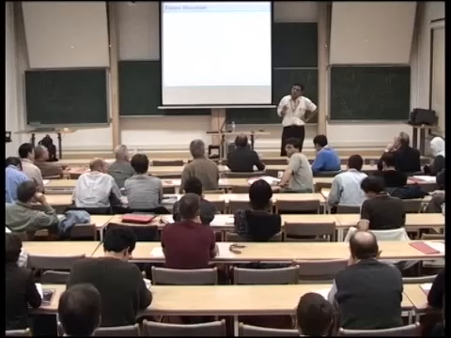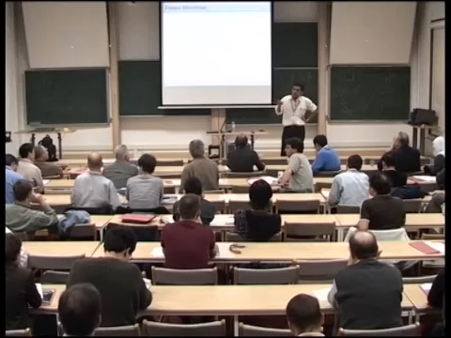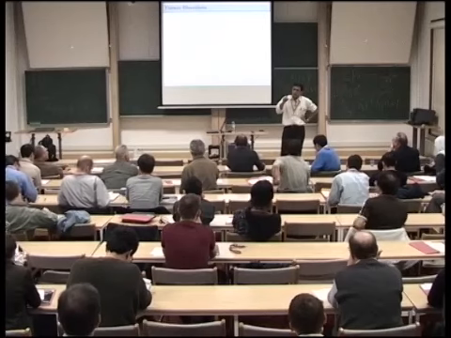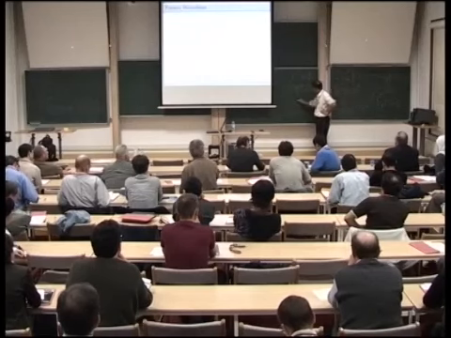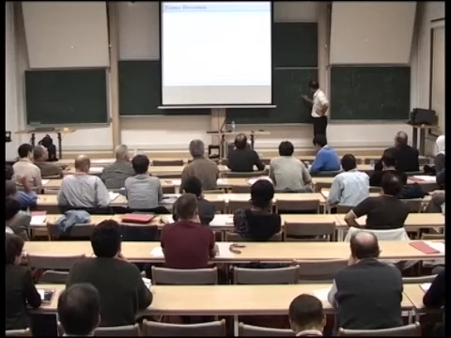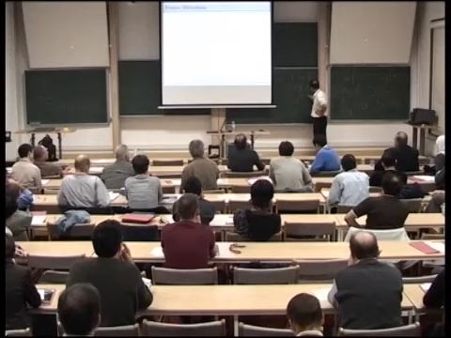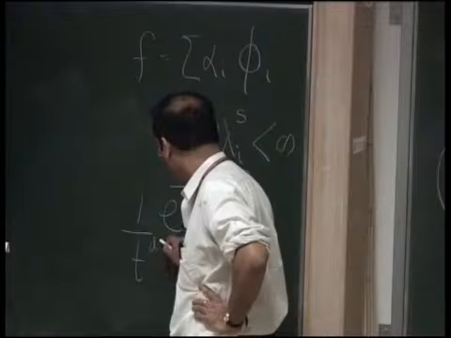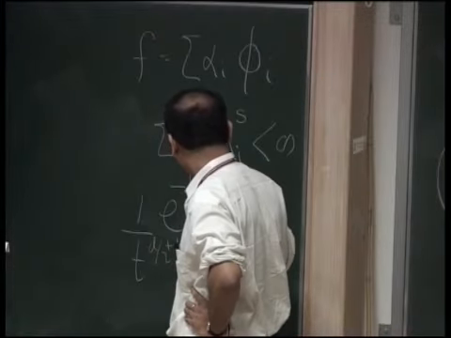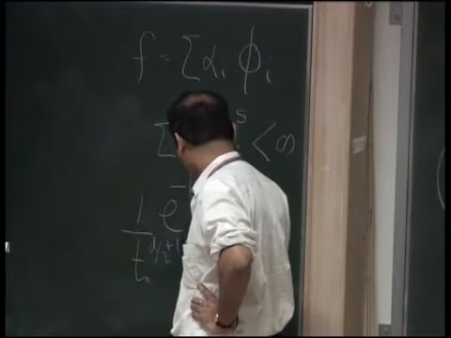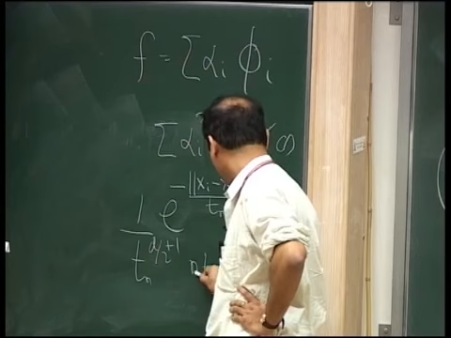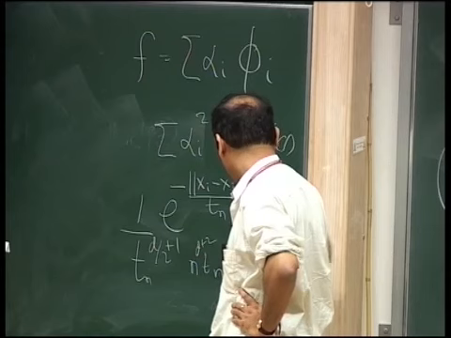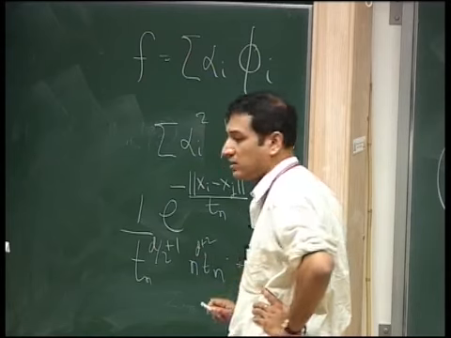So actually what we want to say is you make a complete graph and you look at edge weights which look like this: e to the power of minus the squared distance between x_i and x_j over t, times 1 over t to the power of d over 2 plus 1, and t itself is a function of n, with t_n equal to 1 over n to the d plus 2, something like this, going to zero.